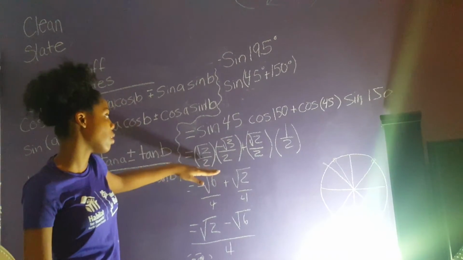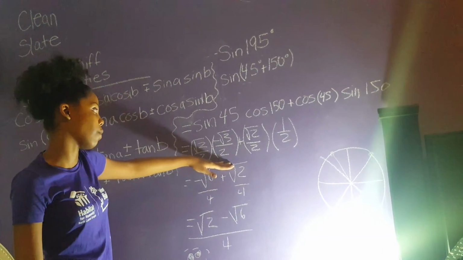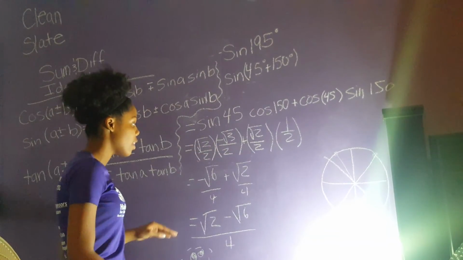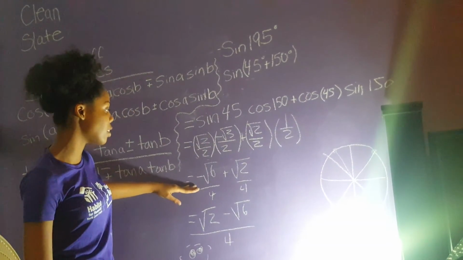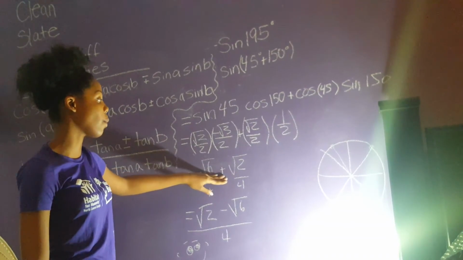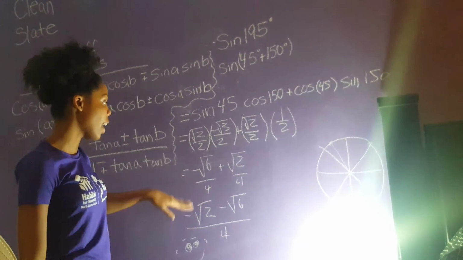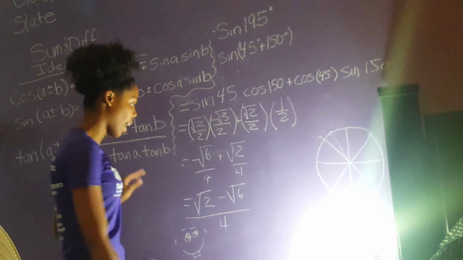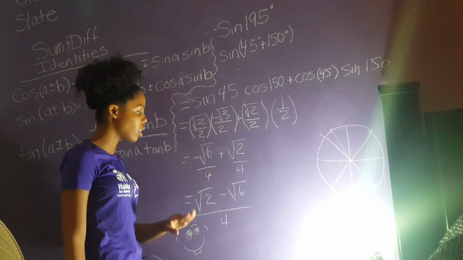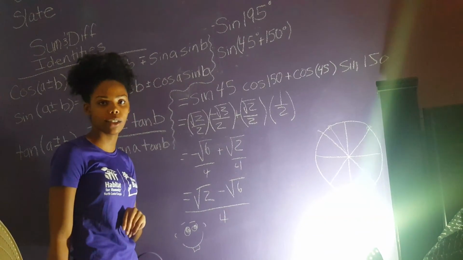So square root of 2 over 2 times negative square root of 3 over 2 plus square root of 2 over 2 times 1 over 2. Then you're going to get negative square root of 6 over 4 plus square root of 2 over 4. Add those together because they have the same denominator, and you will get square root of 2 minus square root of 6 over 4 as your answer.